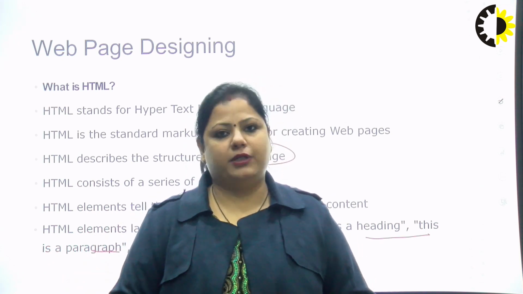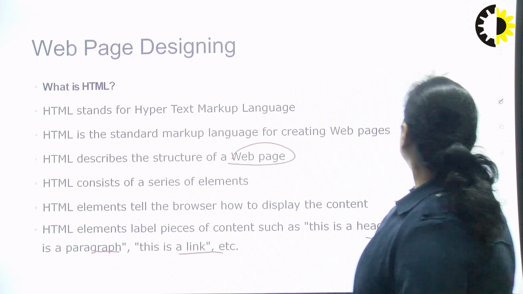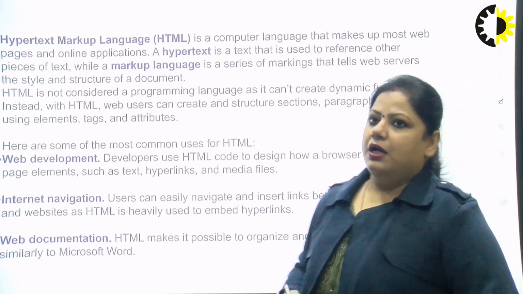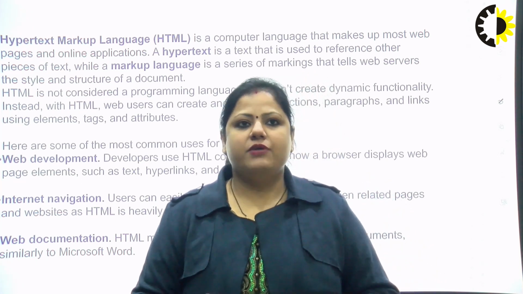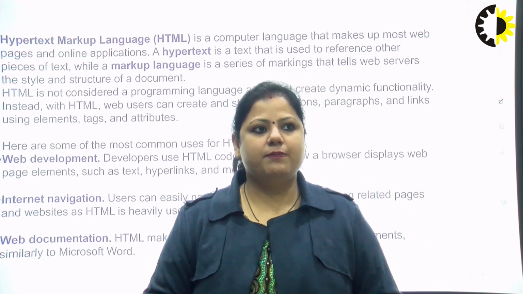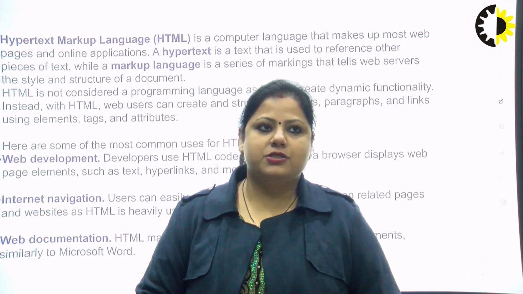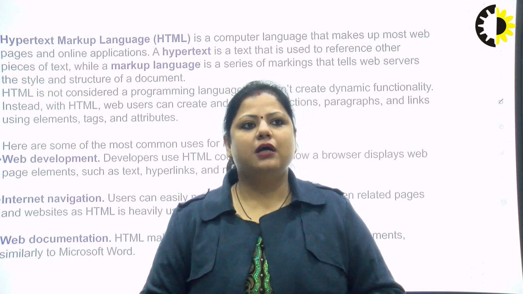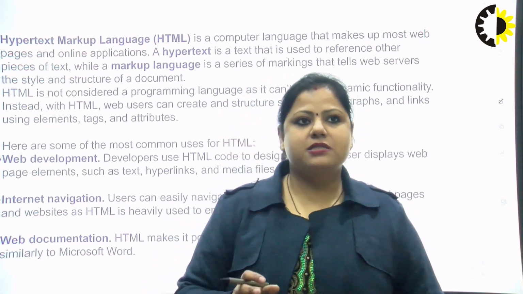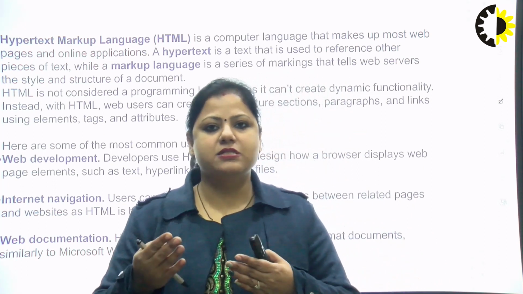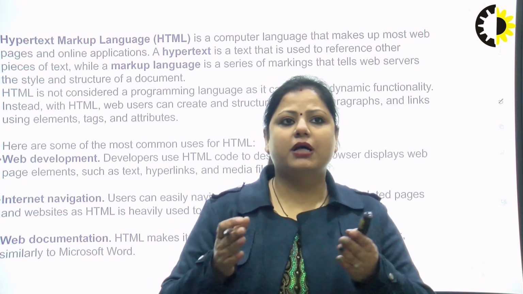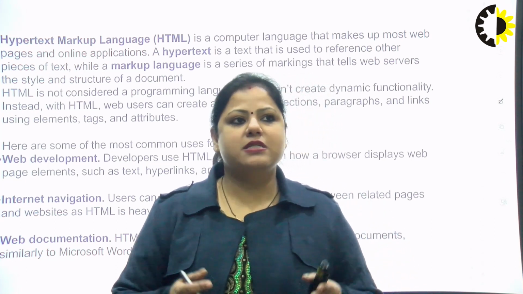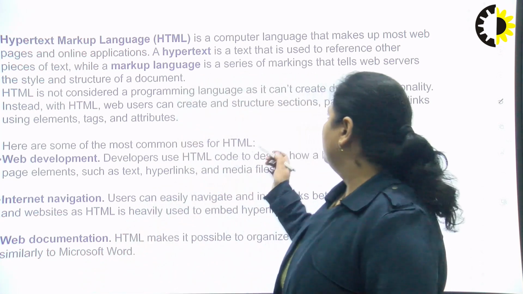With the help of HTML coding, basically, hypertext markup language is a computer language that makes up most web pages and online applications. Hypertext is text that is used to reference other pieces of text, while a markup language is a series of markings that tells web servers the styles and structure of a document.